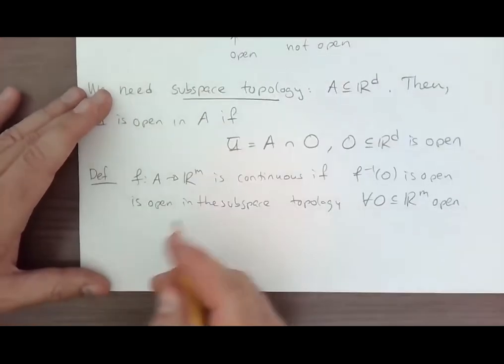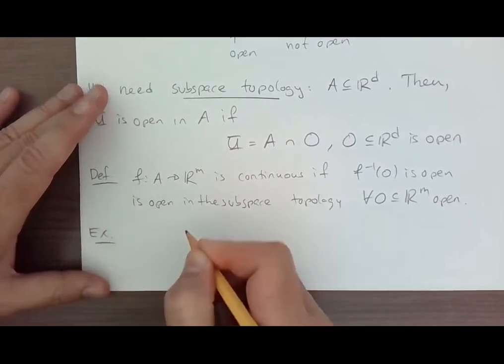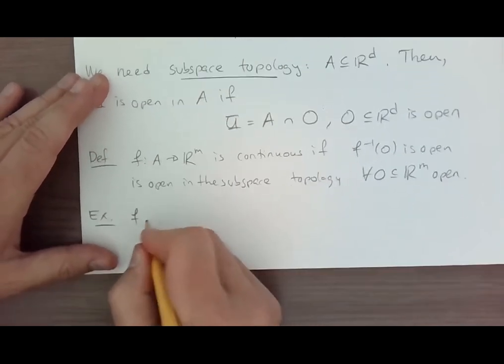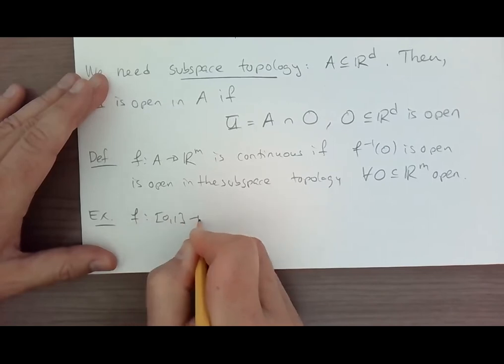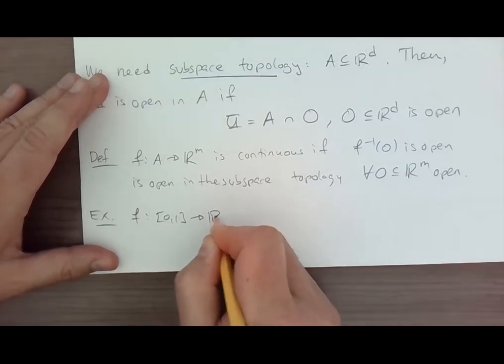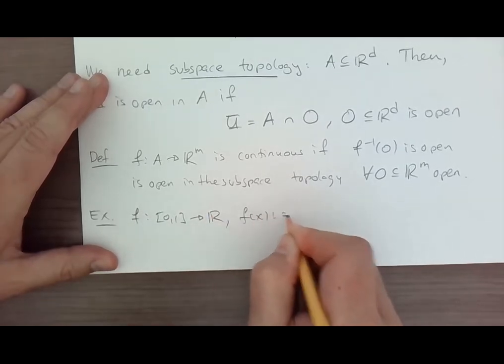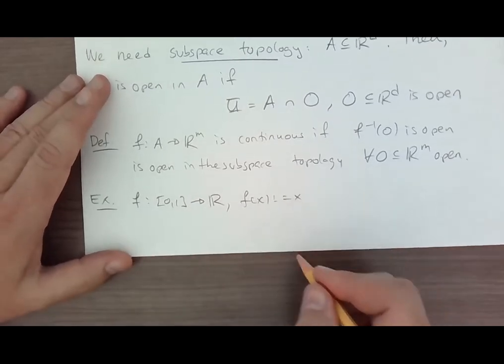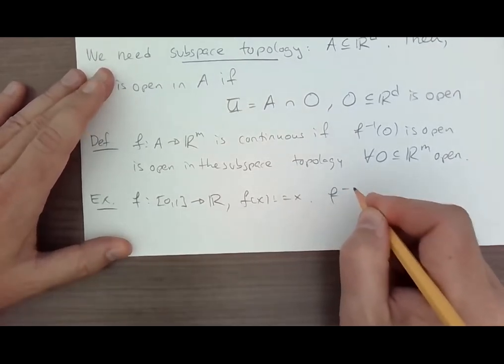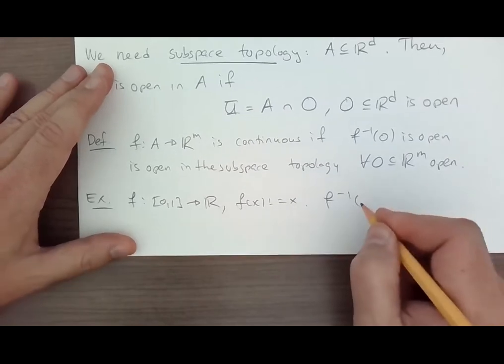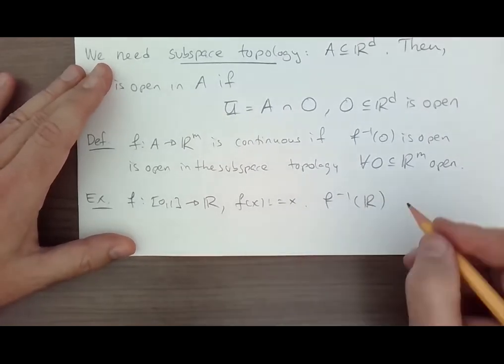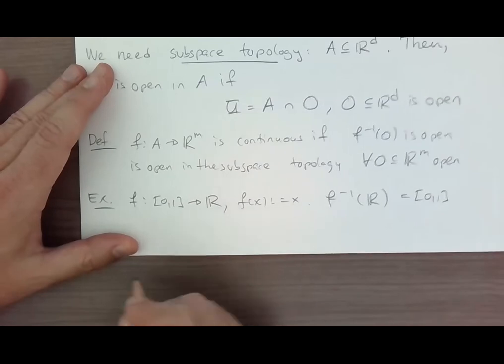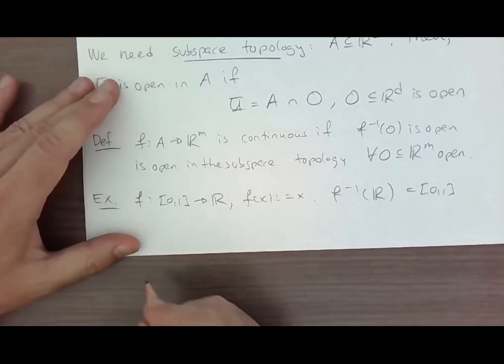That if I looked at this example, if we go from 0 to 1 into R, f of x would just be x. Then the pre-image of R was the interval 0 to 1. But that is open.